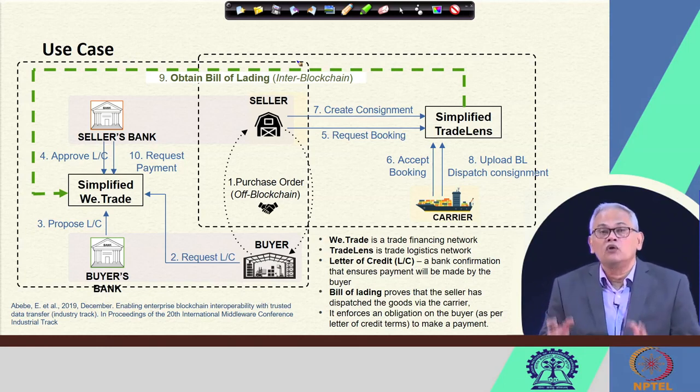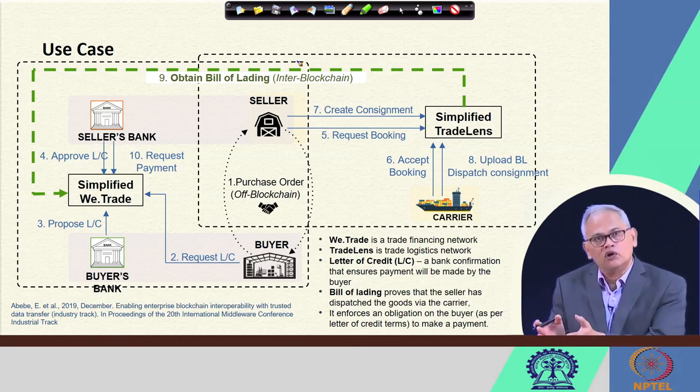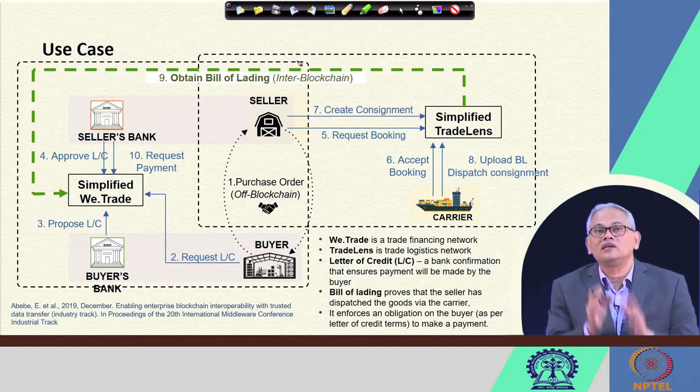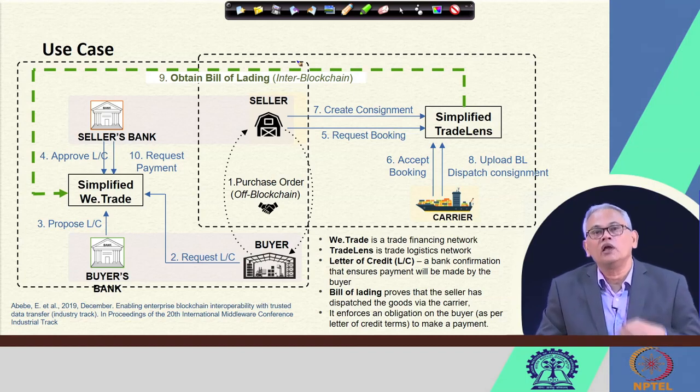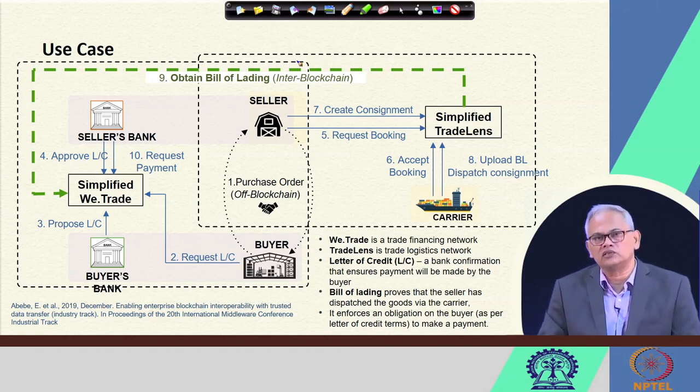So, we need this transfer of data, that is the bill of lading, from the STL blockchain to the SWT blockchain, and it is in that context we are talking about interoperability in permissioned blockchains. Each of these is individually a permissioned blockchain, typically Hyperledger Fabric blockchains, and now we make them interoperate.